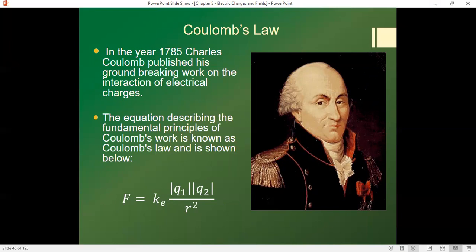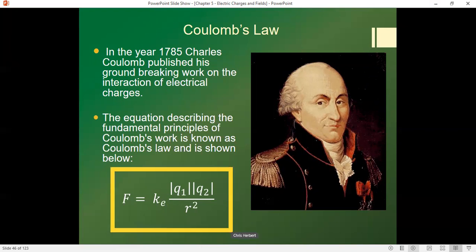And again, the form of his equation was very similar to Newton's universal law of gravitation. There's, first of all, a constant out front. It depends on the product of the properties of the objects that are interacting.